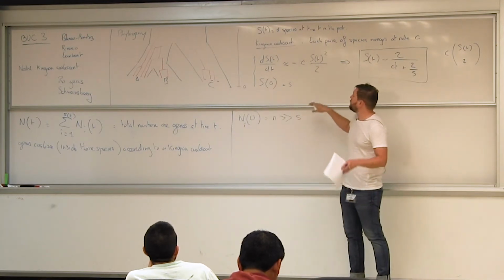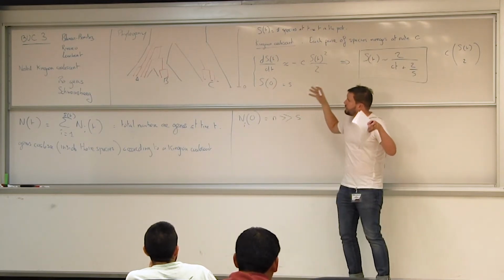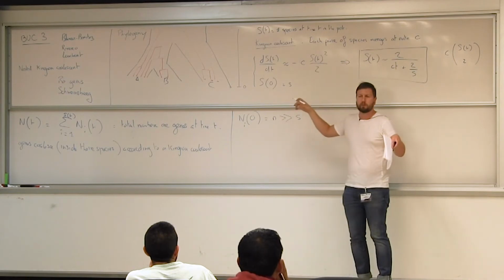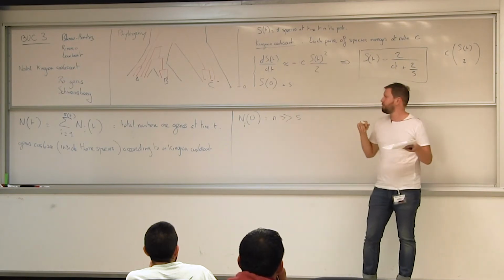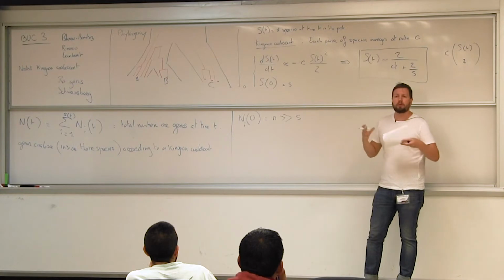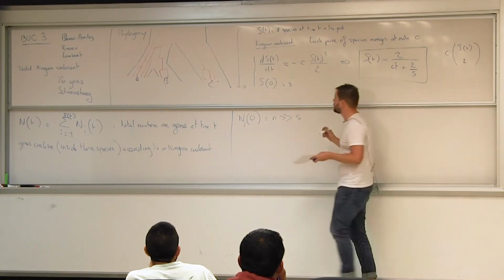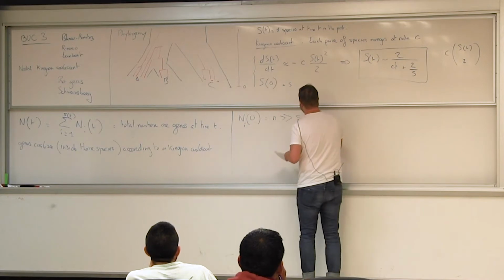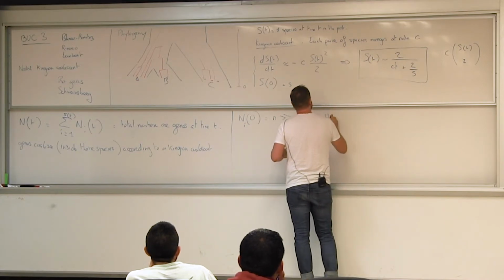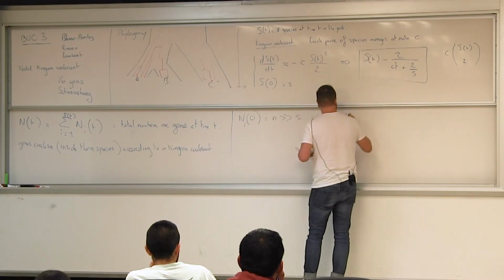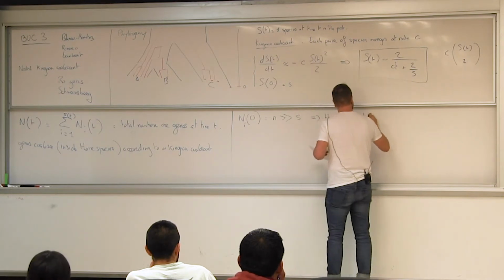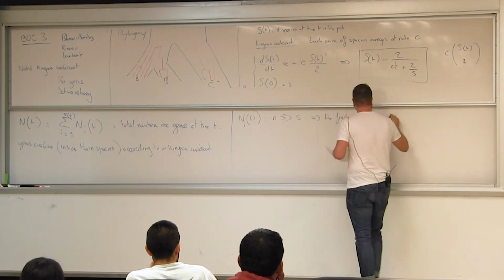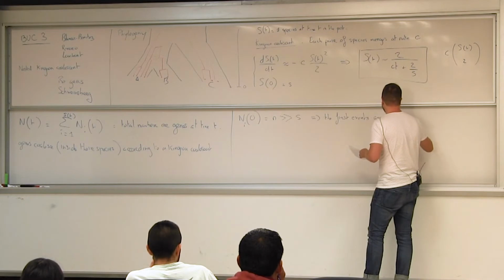So what's going on? I have S species, relatively few, and inside I have a lot of genes. So these genes will coalesce between themselves. This implies that the first events are gene coalescences, gene mergers.